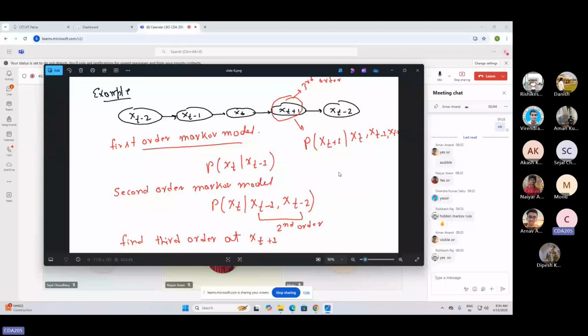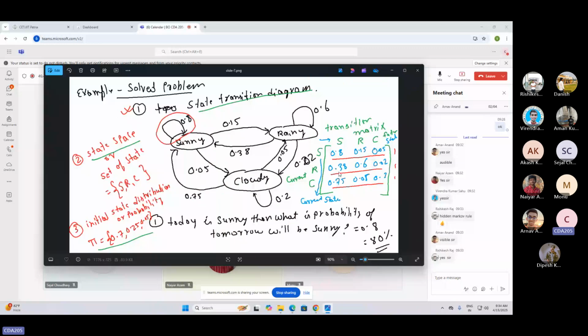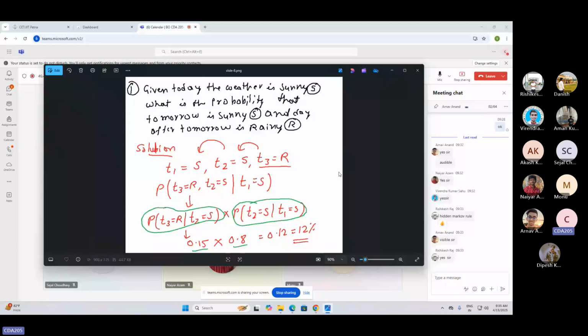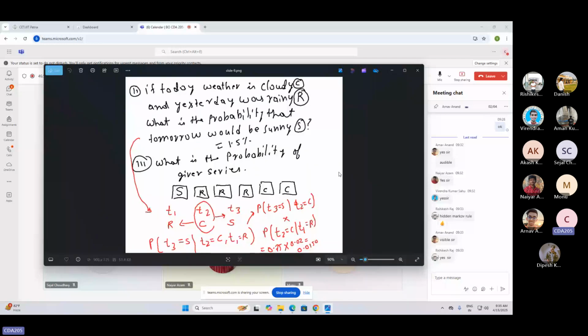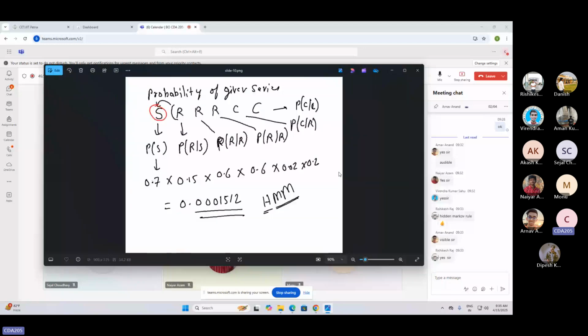Given today's weather is sunny, what is the probability that tomorrow is sunny and the day after tomorrow is sunny? We have solved this example. Then we have seen the probability also. Till here we have completed that.